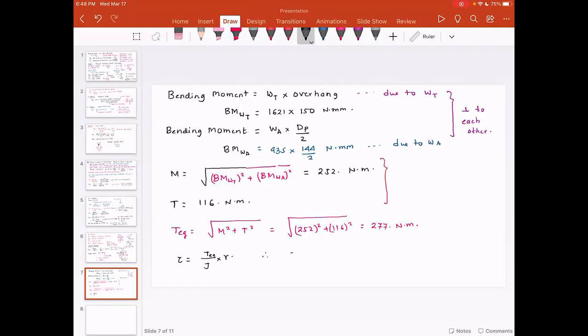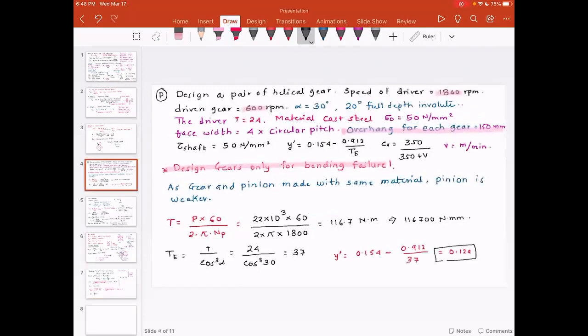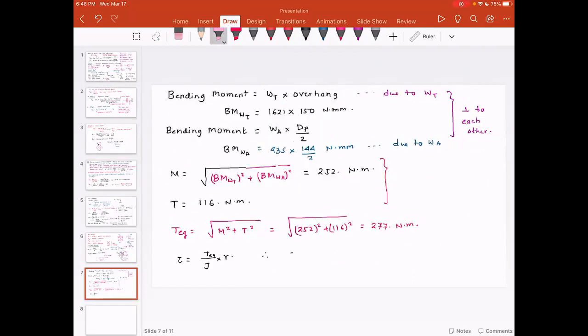So if you look at the problem, the shaft torsional stress is 50 is equal to 277 10 to the power 3 into 16 divided by pi d cubed.